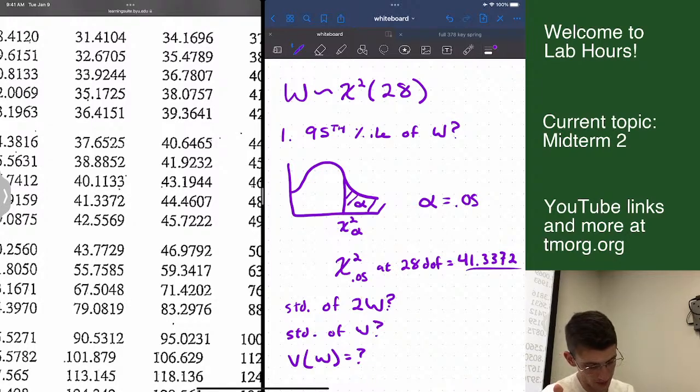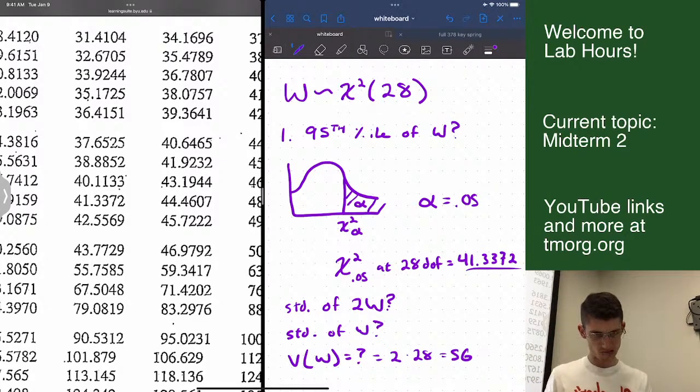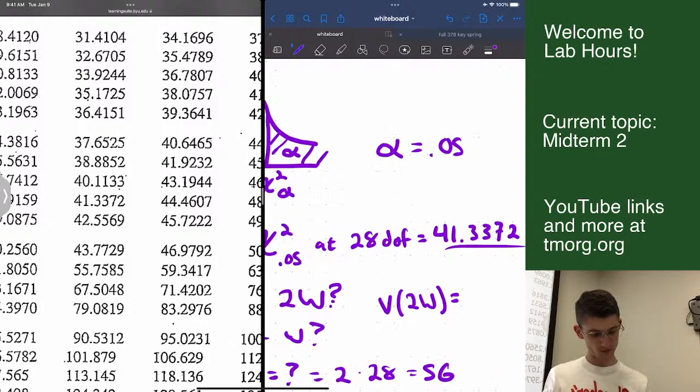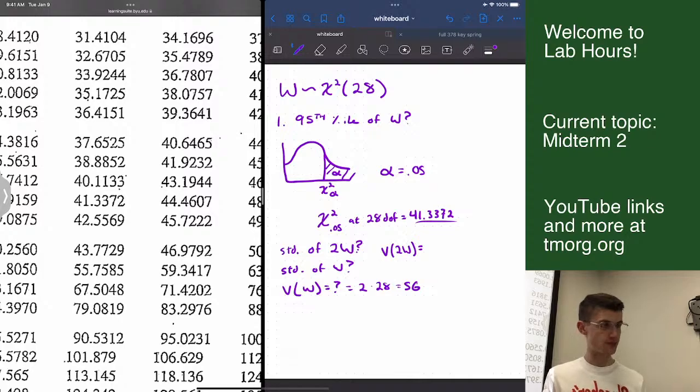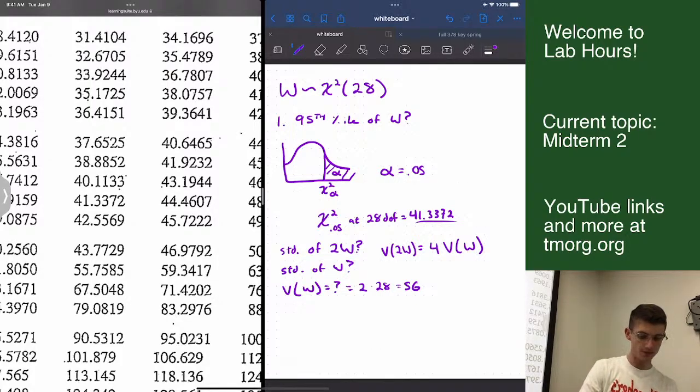Two times 28, which is 56. So what about the variance of 2W? That's just 4 times the variance of W, right? Yes, no, maybe so. Okay.